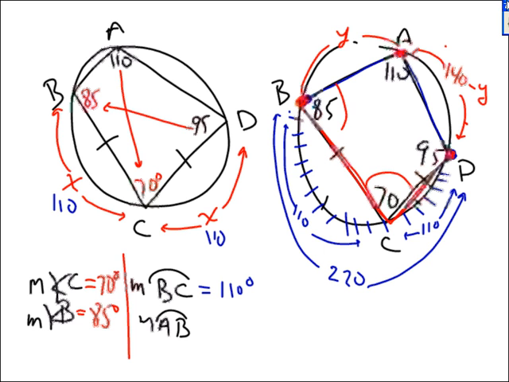Likewise, this is 85 degrees. Its intercepted arc is ADC. Okay. And that arc, I guess this is all we needed. Angle B is 85 degrees. So this arc opposite it must be 170, twice it.